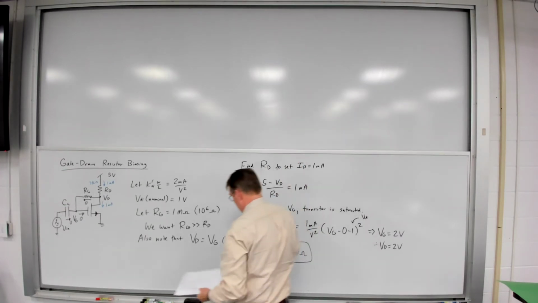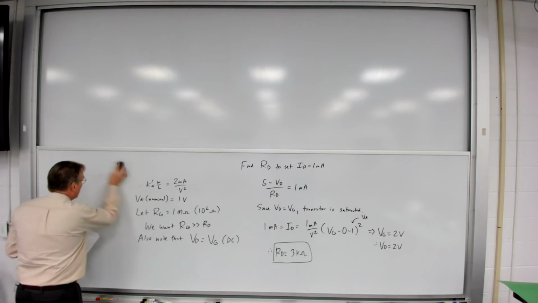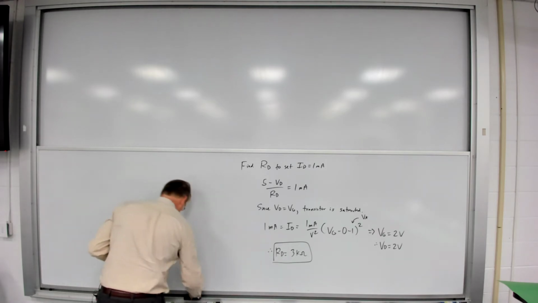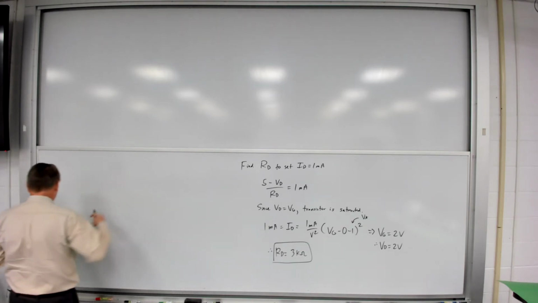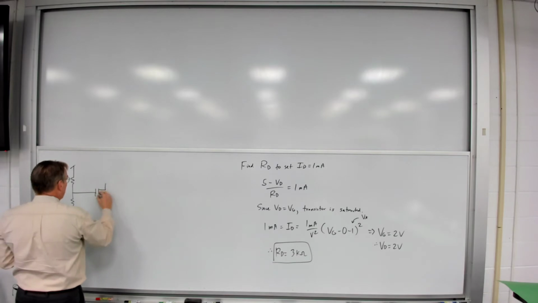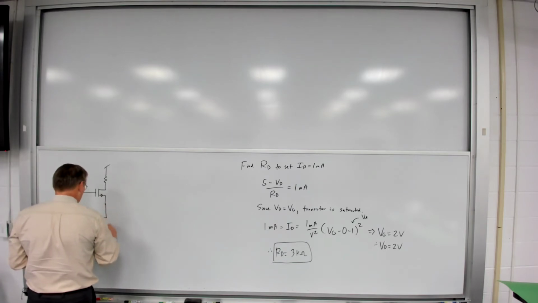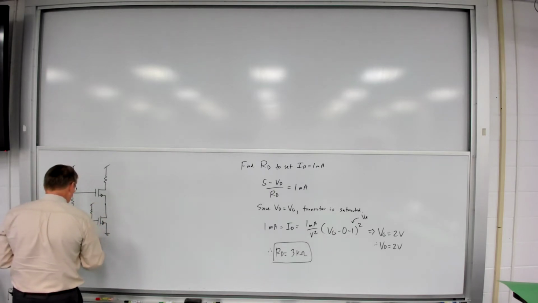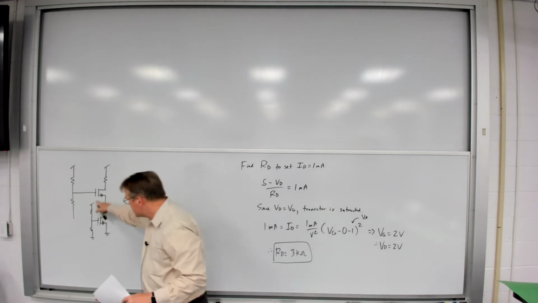Now let's consider how we would do that. So what I'm doing here is I'm going to add a second transistor with its own bias network.